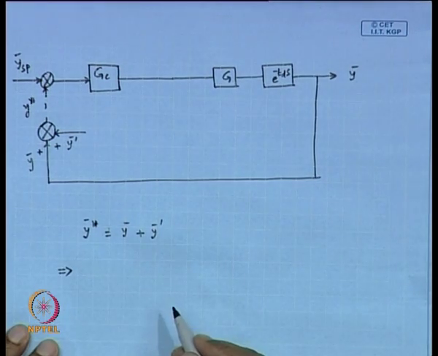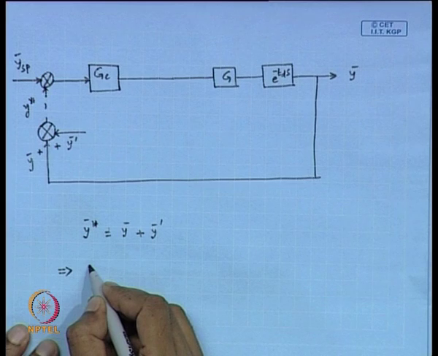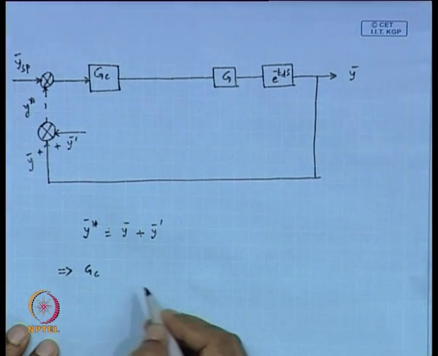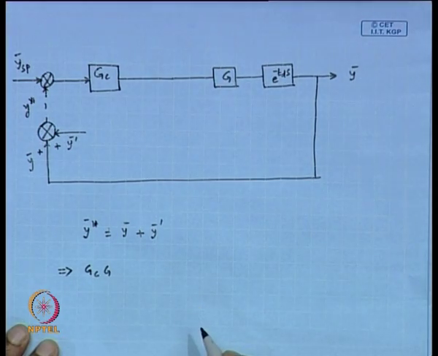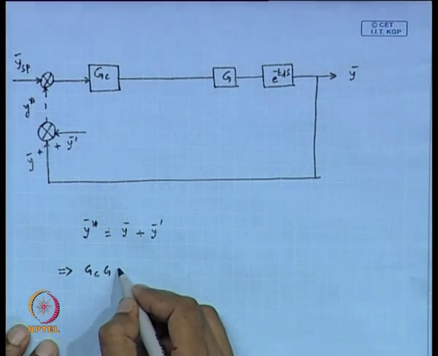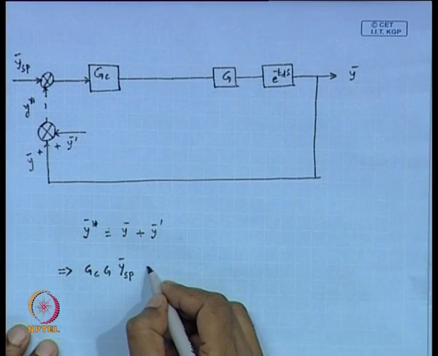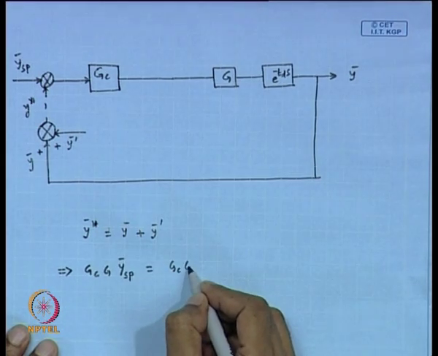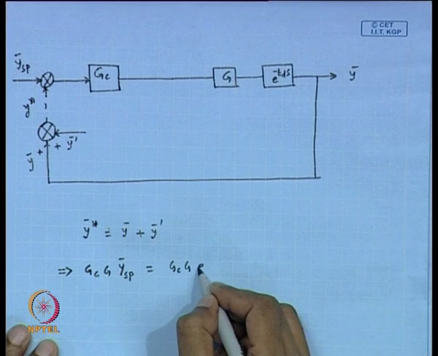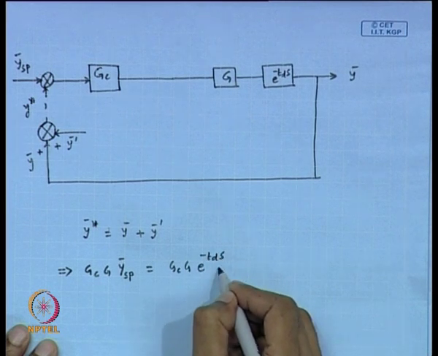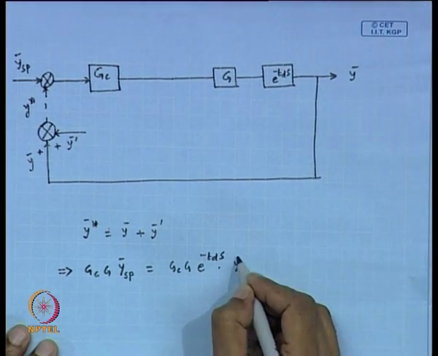Y star is known to us, that is GC Z multiplied by y set point. Y is GC Z exponential of minus TDS y set point.